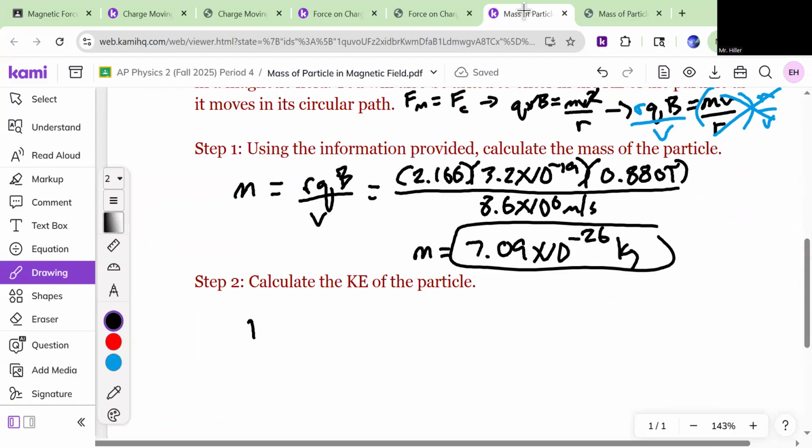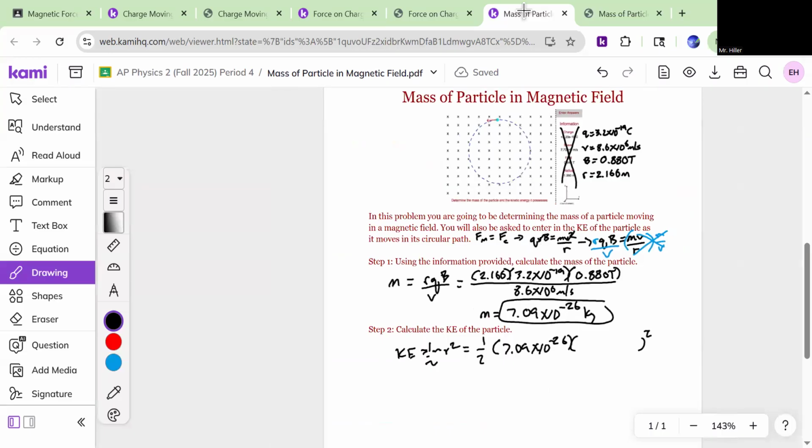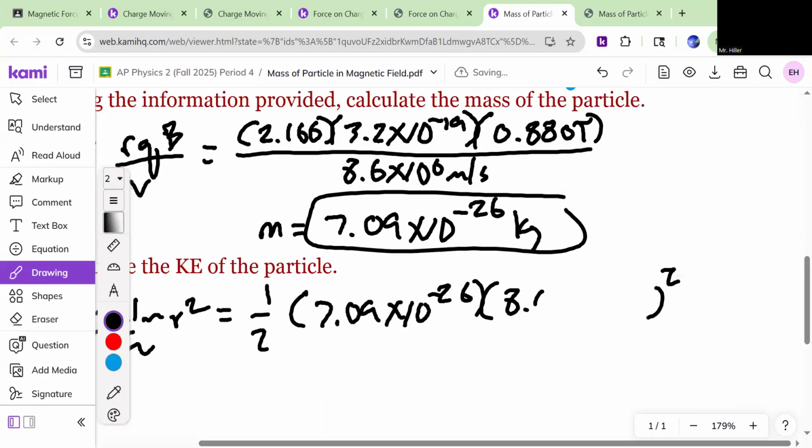Calculate the kinetic energy of the particle. Well, we just have to go one half mv squared. So one half times this mass times that velocity from earlier, 8.6 times 10 to the 6, and then square that.